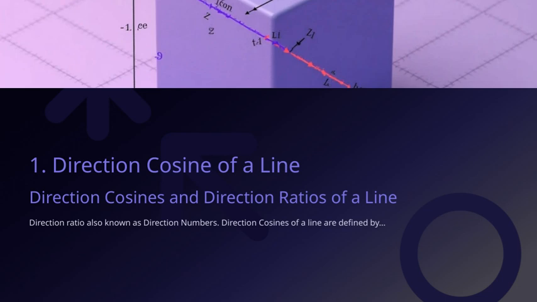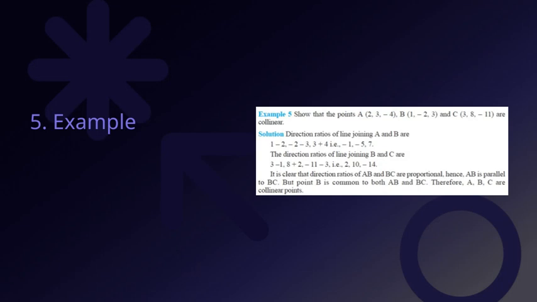Connecting this to our overall theme, understanding these concepts allows us to analyze lines more effectively, whether for geometric problems or in applications like engineering and physics. Let's take a closer look at this example. Here, I want to highlight how the key concepts we've discussed come together in a real-world scenario. This example helps illustrate the practical application of the ideas and shows how they can be effectively implemented.